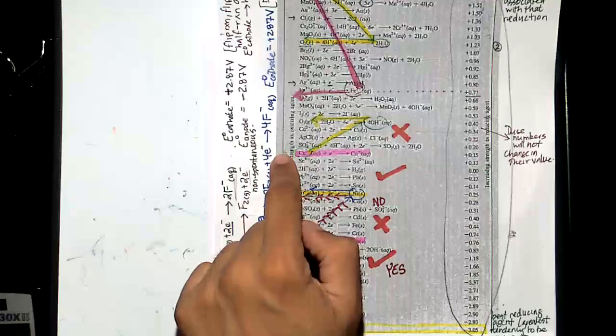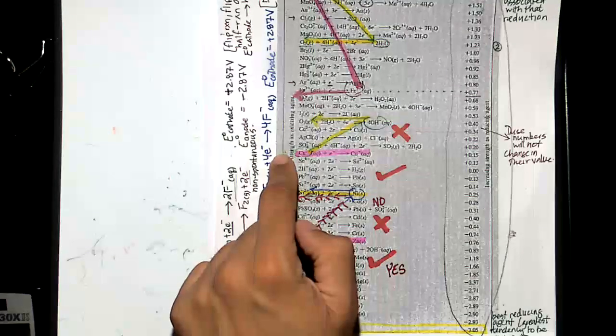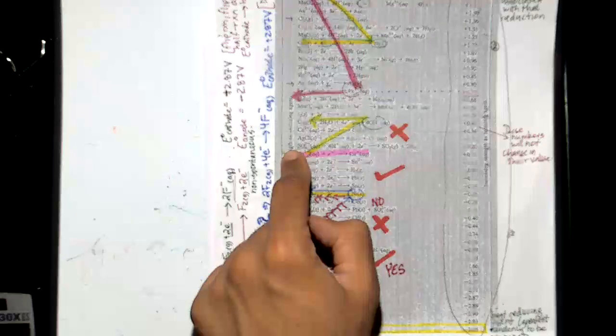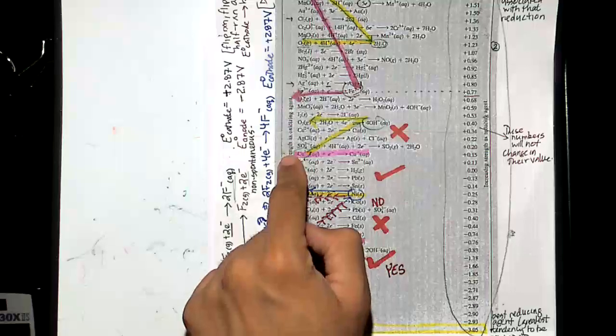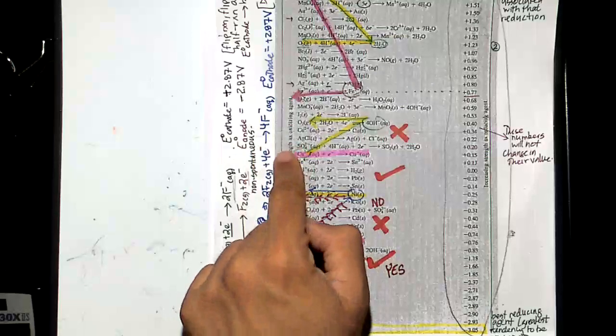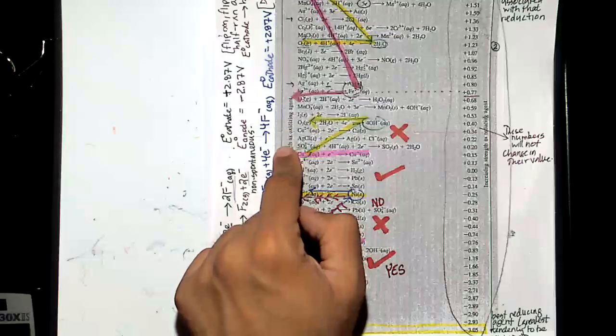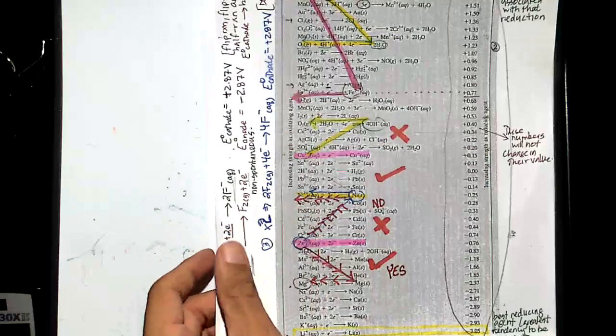You pick one, anything above it stays the same. The one you choose gets flipped. Pick one, anything below it gets flipped. The one you choose stays the same. Pick one, anything above stays the same. The one you choose gets flipped. Okay, that's how it works.